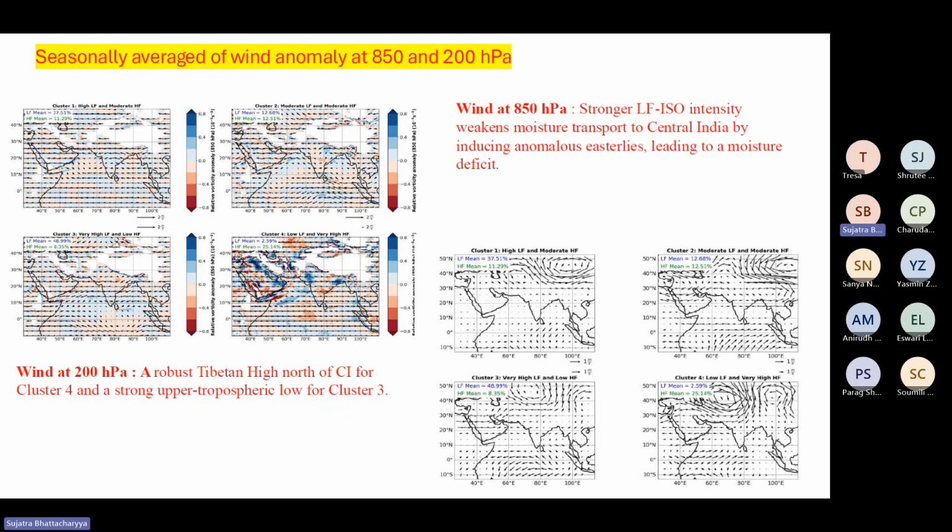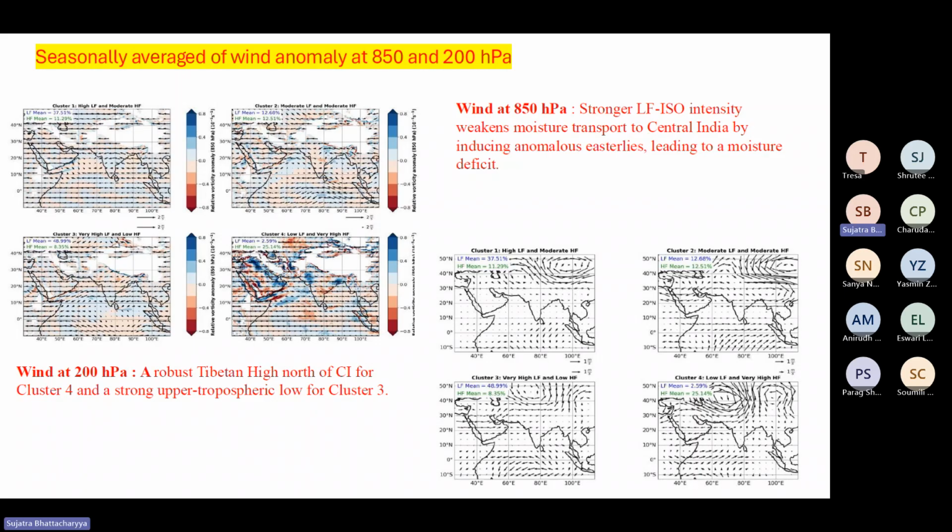If we see the results of this, the years which have the maximum LFISO tend to have lower rainfall. And since LFISO is decreasing, it could lead to synoptic disturbances increasing. So it's one of the analyses he did in his paper.